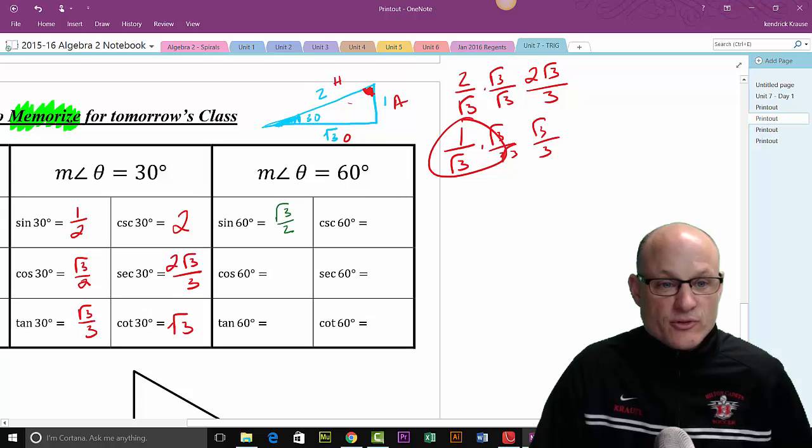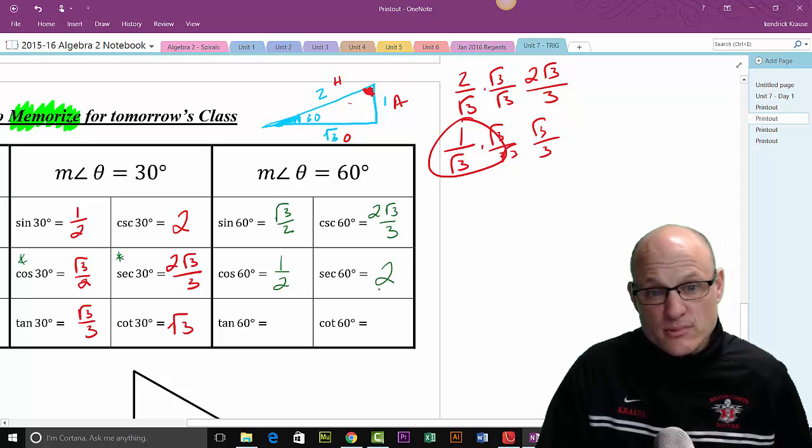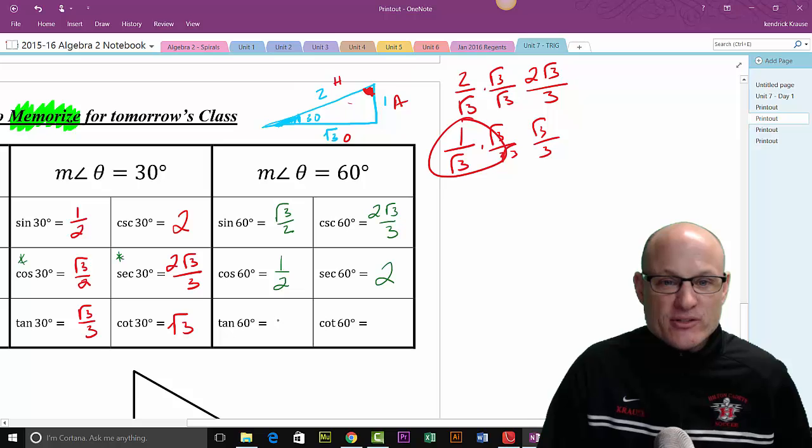And then this one is going to be 2 radical 3 over 3. Cosine is adjacent over hypotenuse, which is 1/2. That would make this 2. Tangent is opposite over adjacent, which would be the square root of 3 over 1, which is just the square root of 3. And then this one will be the square root of 3 over 3.